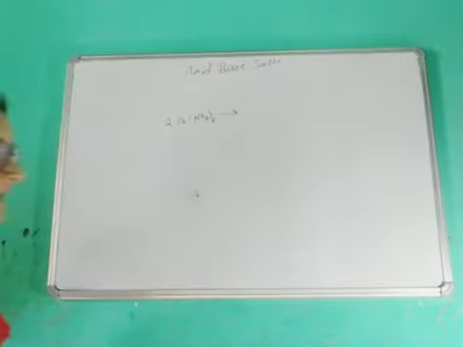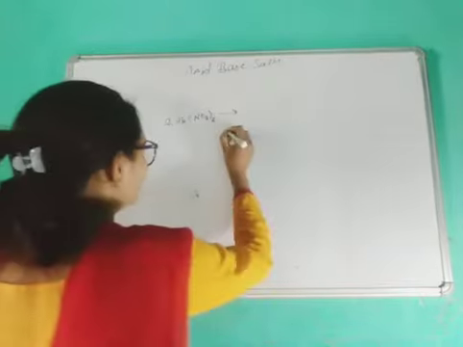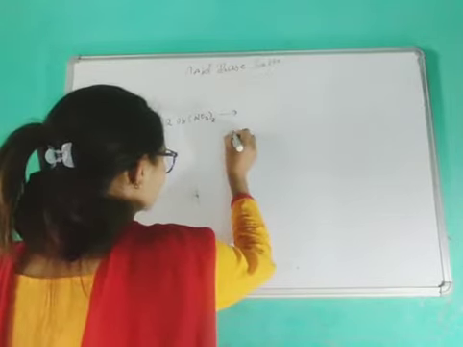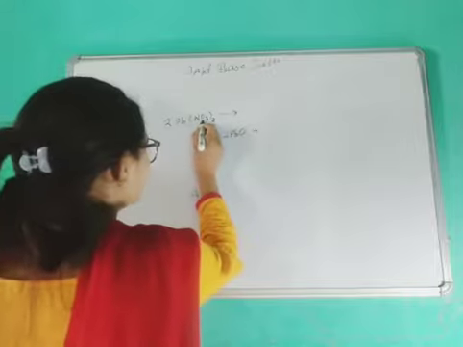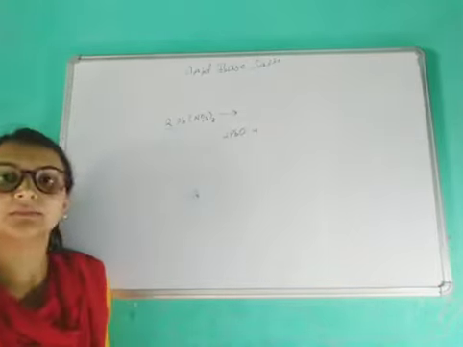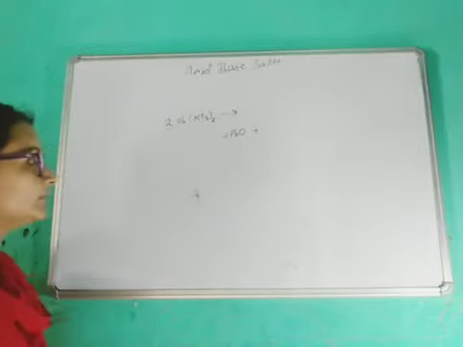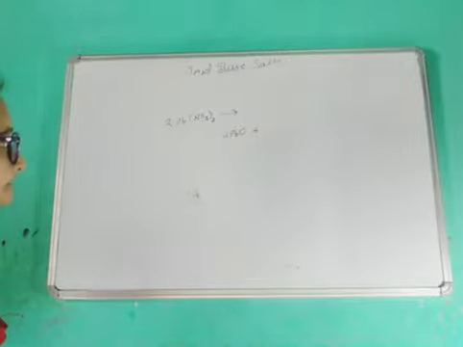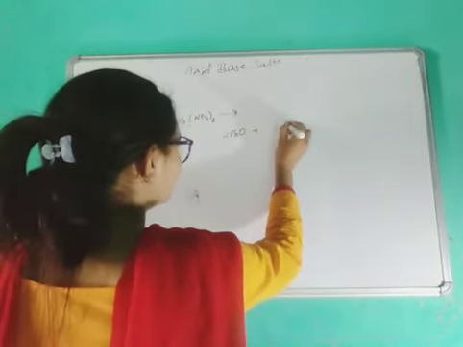This is lead nitrate. Okay, lead nitrate. It will give you lead oxide. From here 2 Pb and from here 1 oxygen. Okay, we are making bases. So this is the basic oxide. So there will be 2 PbO. Now what is left here? Now the left are the NO2. From here we will get NO2.